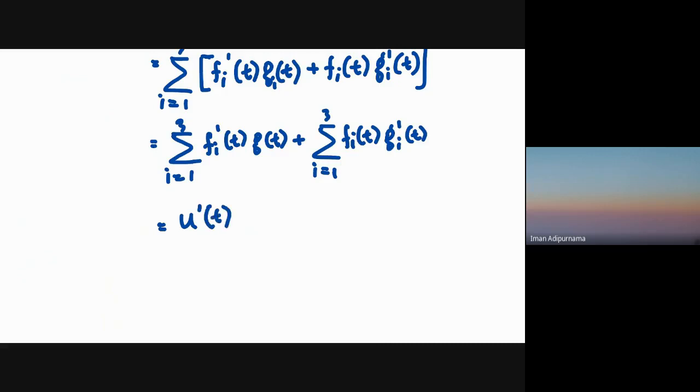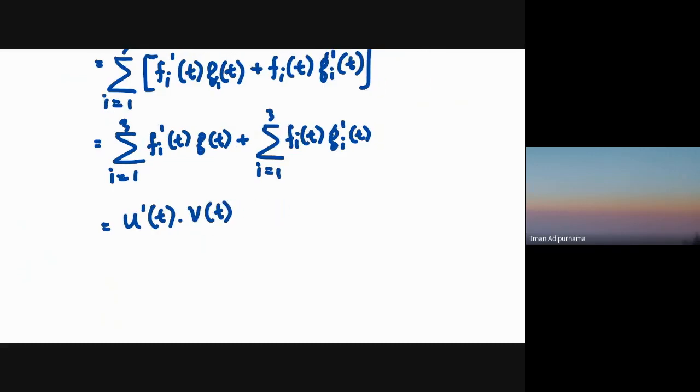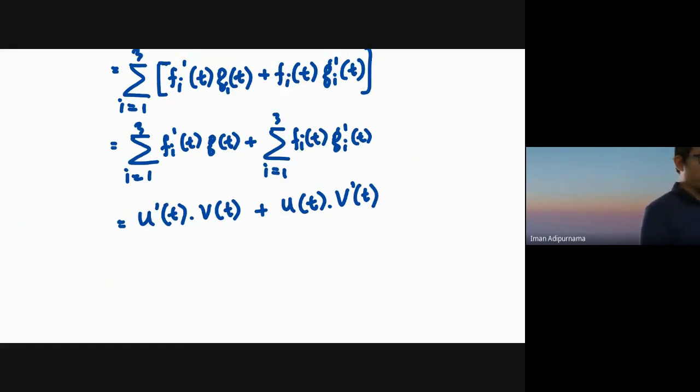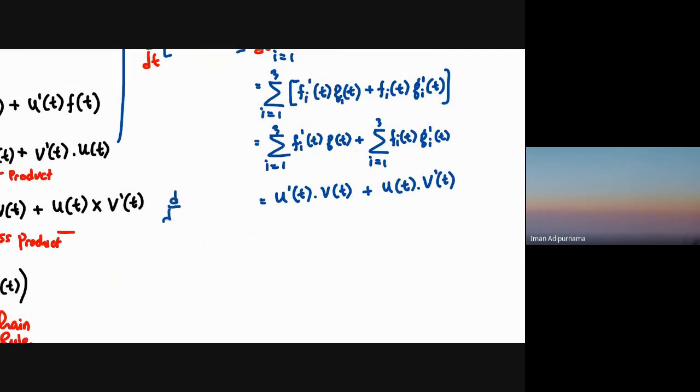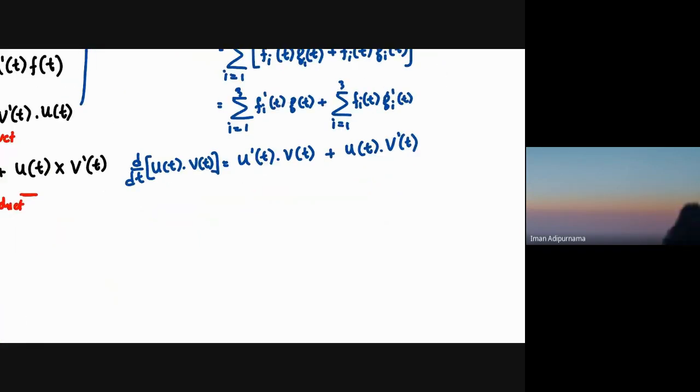So this will be u prime dot v, and plus u dot v prime. You can also do similar things with the cross if you want.